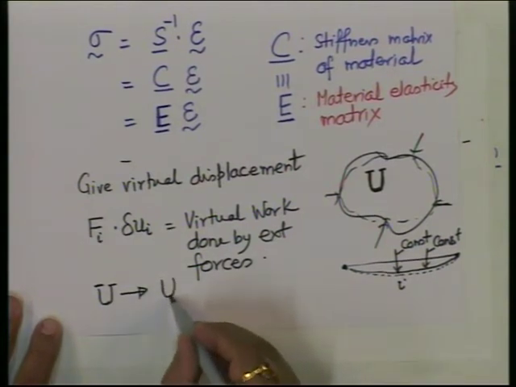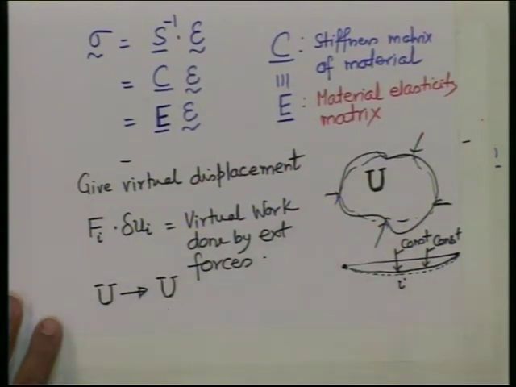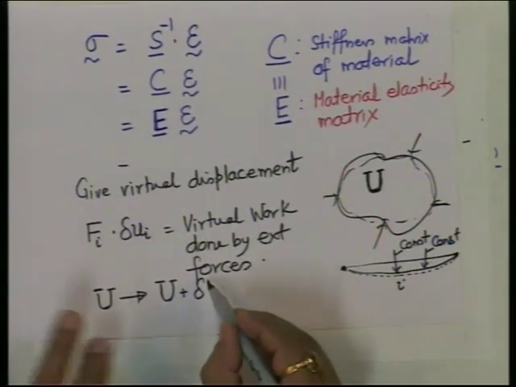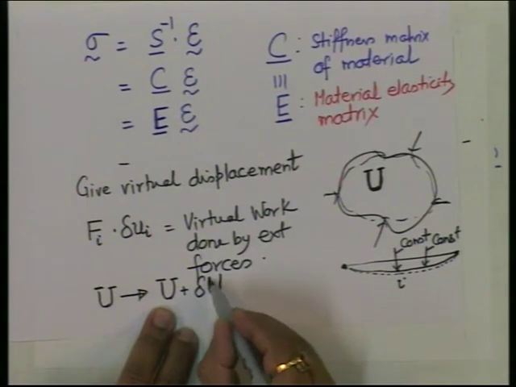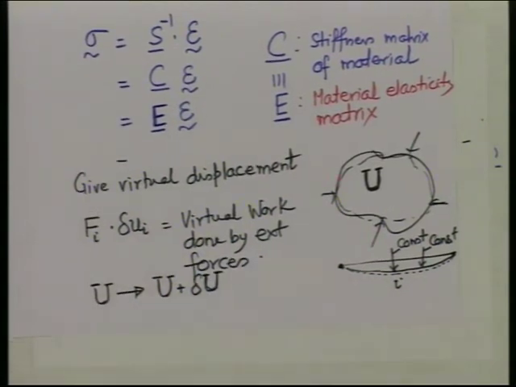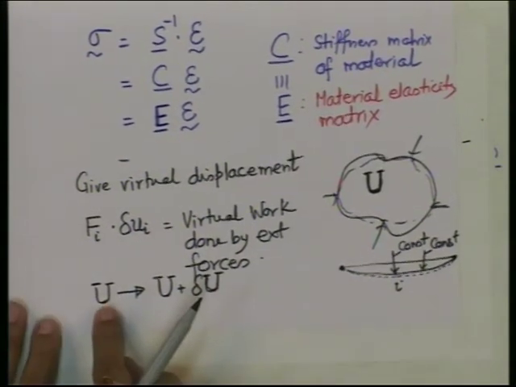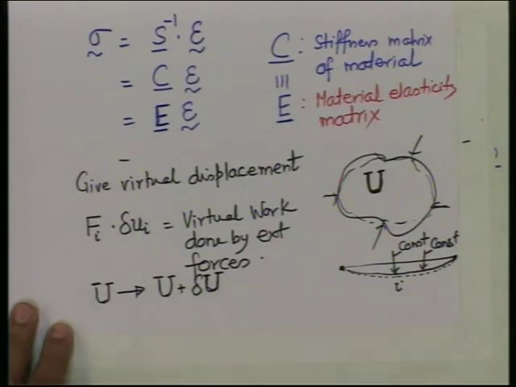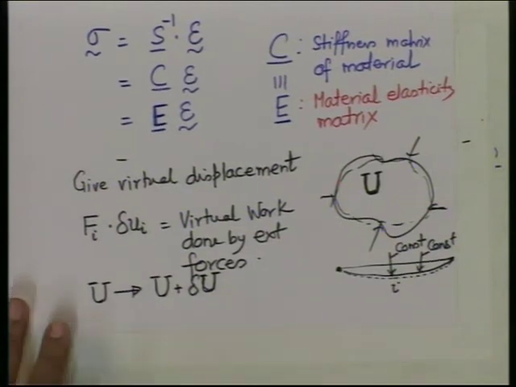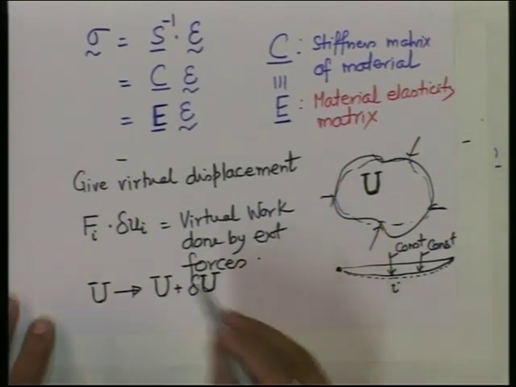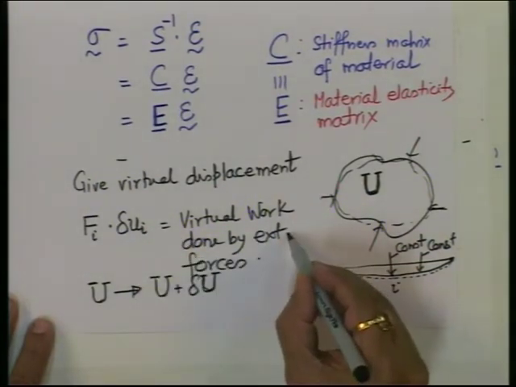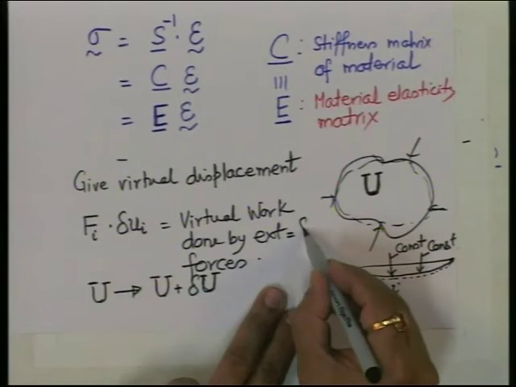The strain energy already stored in the body changes; after the virtual displacements are applied, it becomes U plus delta U. And we call the virtual work done by external forces delta W.